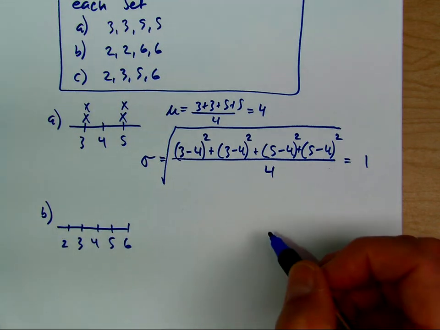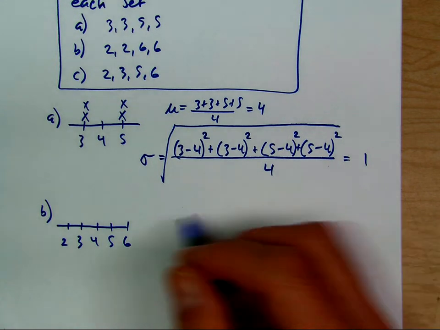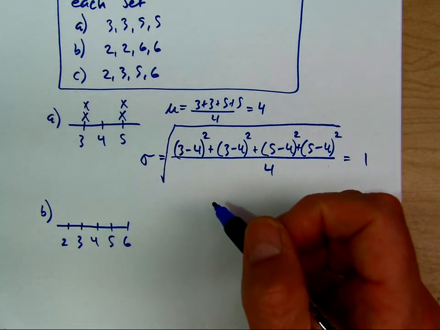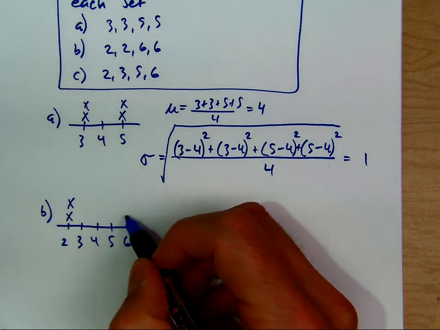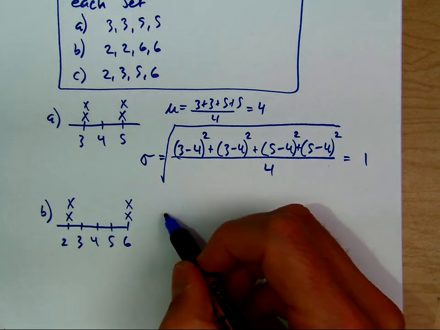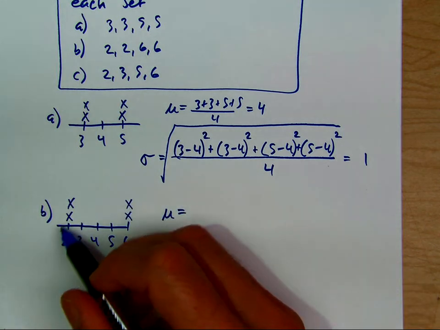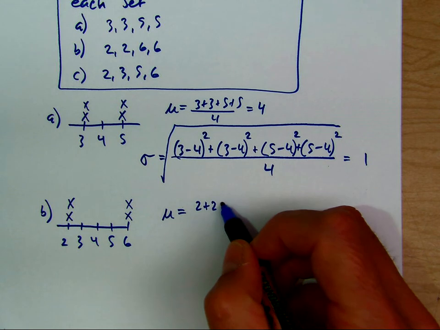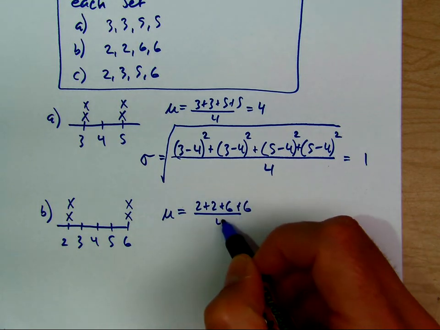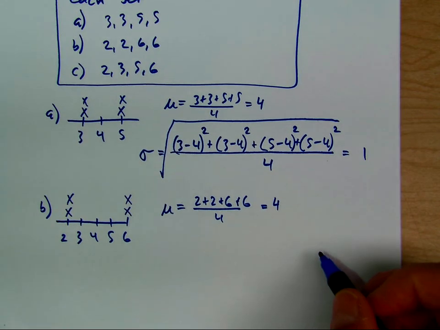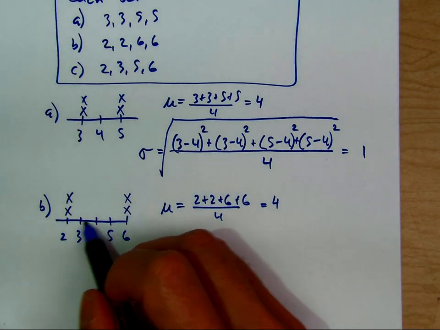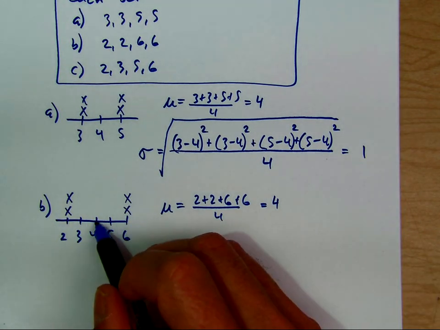Okay, pause the video and try this one. Here we have 2 2s and 2 6s. The mean is going to be 2 plus 2 plus 6 plus 6 divided by 4. And we can see the mean is still going to be 4. And we can even see that the standard deviation, everything, is 2 away from the mean.